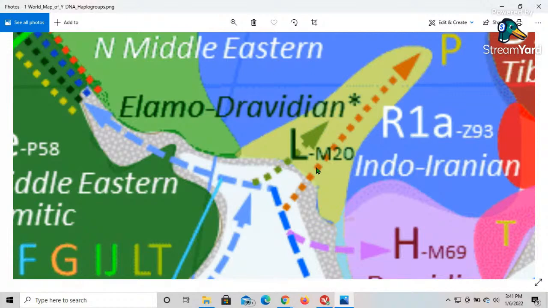That's a Japhetic Y chromosome of the nations, of the Table of Nations. So since it's Japhethite and not Semitic, that counts it out as being the Elamite Y chromosome.